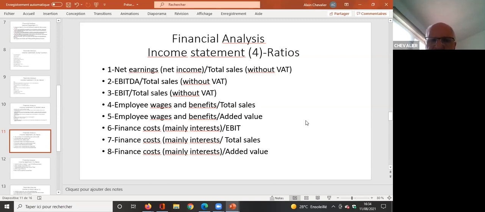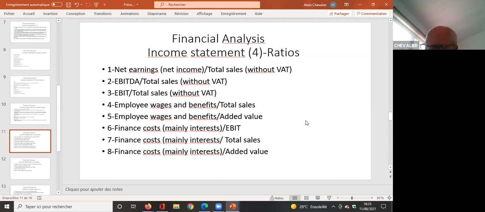The second one here is probably more interesting and easier to interpret, which is the EBITDA divided by total sales, because in that case, you eliminate, of course, the financial policy, interest, dividend, and also the depreciation process.